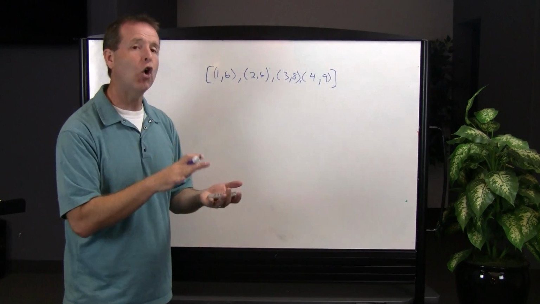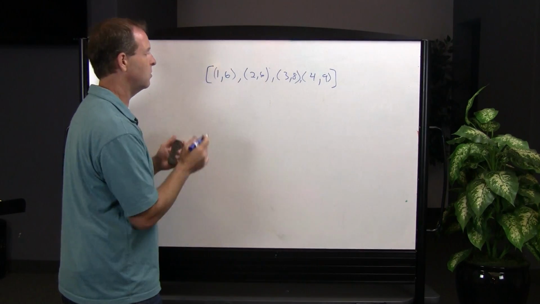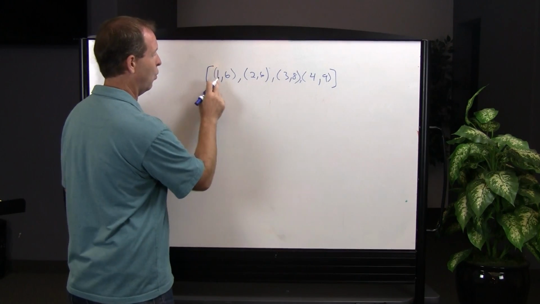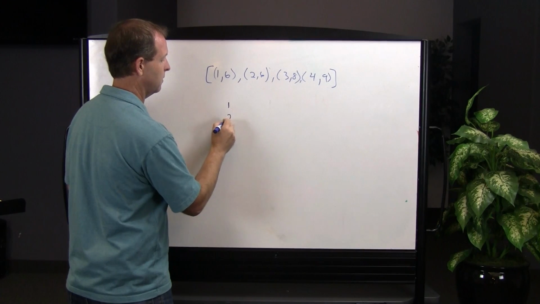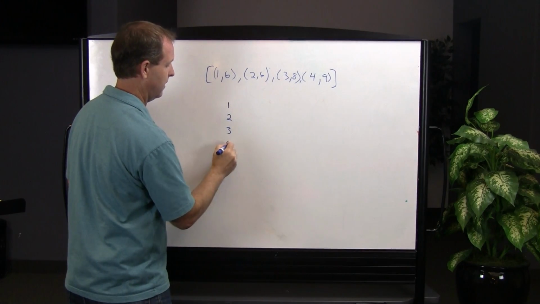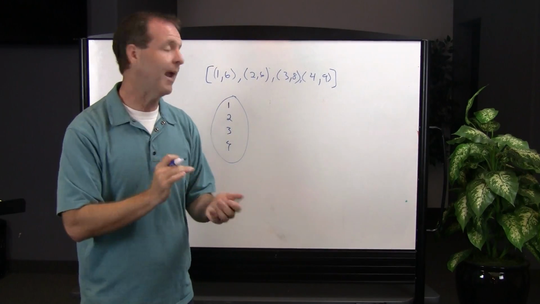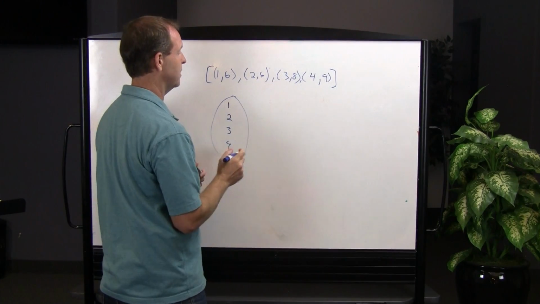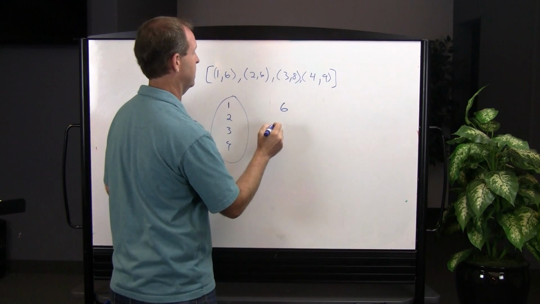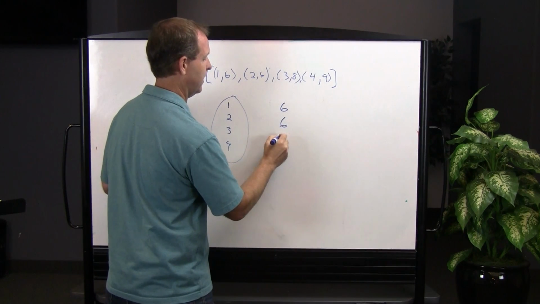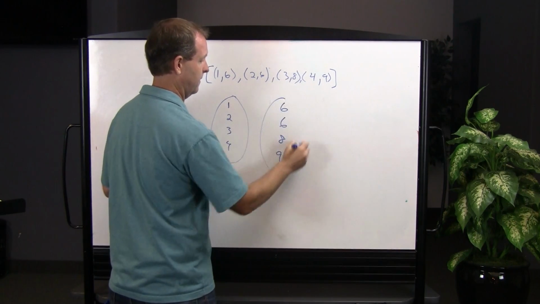So if I gather all the domain into a bubble, for example, we have 1, 2, 3, and 4. Those are all my values of my domain. In my range, I have the values 6, 6, 8, and 9.